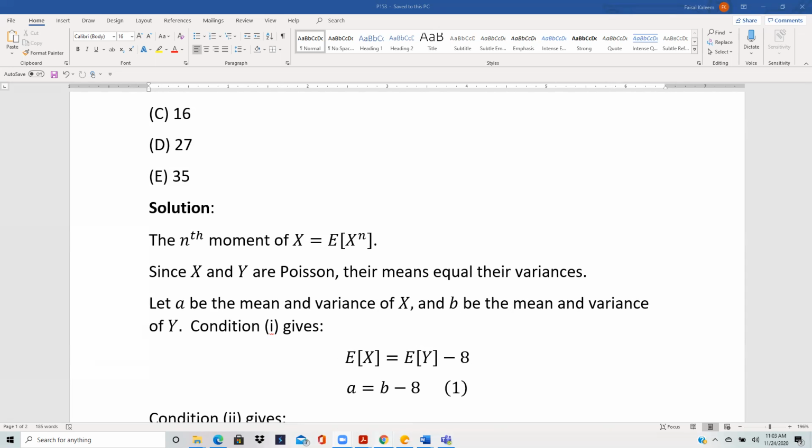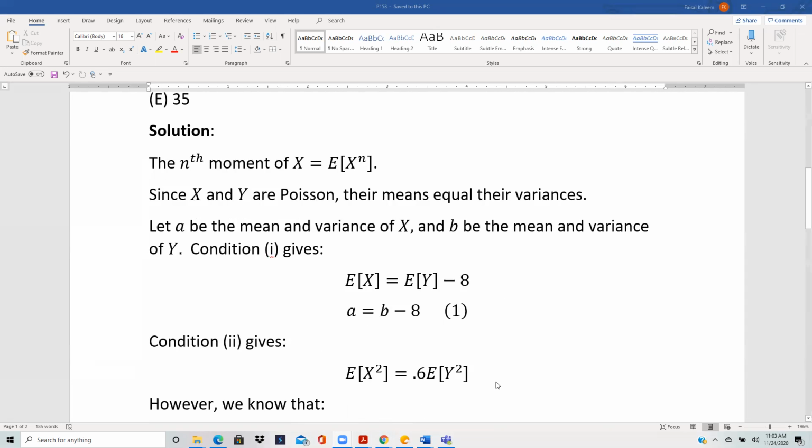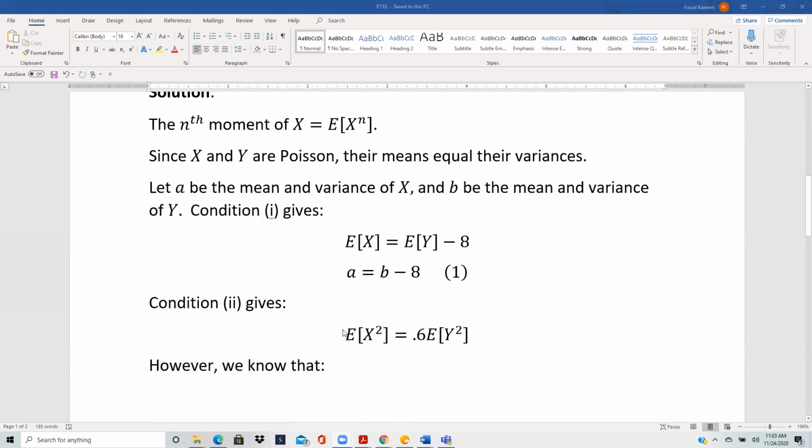So in terms of our notation, A is equal to B minus 8. And condition 2 says that the second moment of X, which would be E of X squared, is 60% of the second moment of Y. So E of X squared is 0.6 E of Y squared.